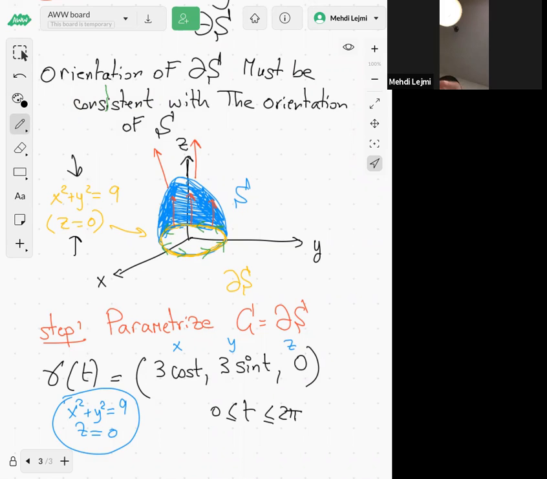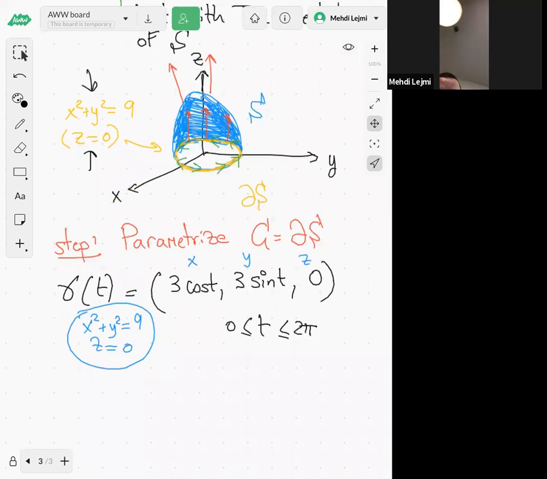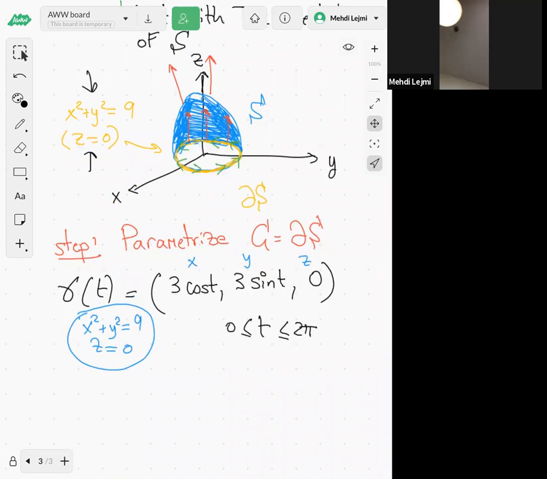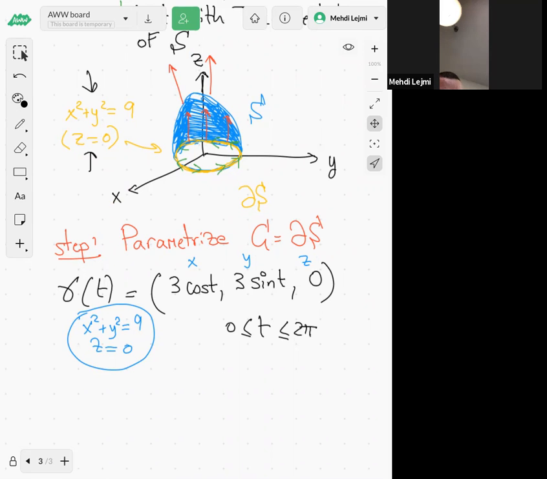Now you need to make sure that the orientation of this curve is counterclockwise. So what you can do, guys, is make sure that you are going in the right direction.